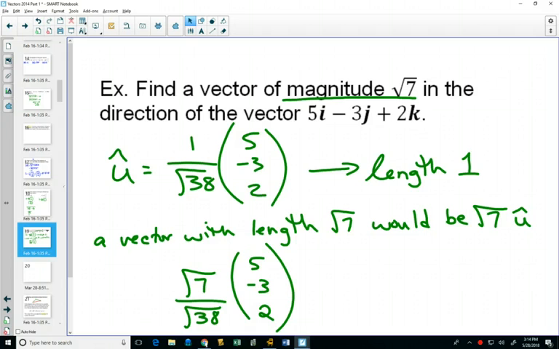The length is root 38, and my unit vector would be 1 over root 38 of the vector that I had to begin with. That has a length of 1. So for a vector with a length of root 7, I could just take my unit vector and multiply it by root 7, and then it would have a length of root 7. It's not too bad.